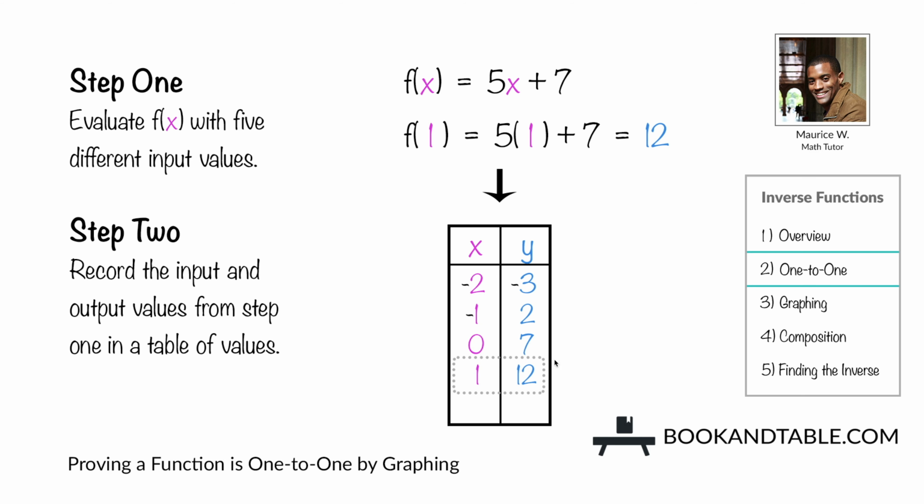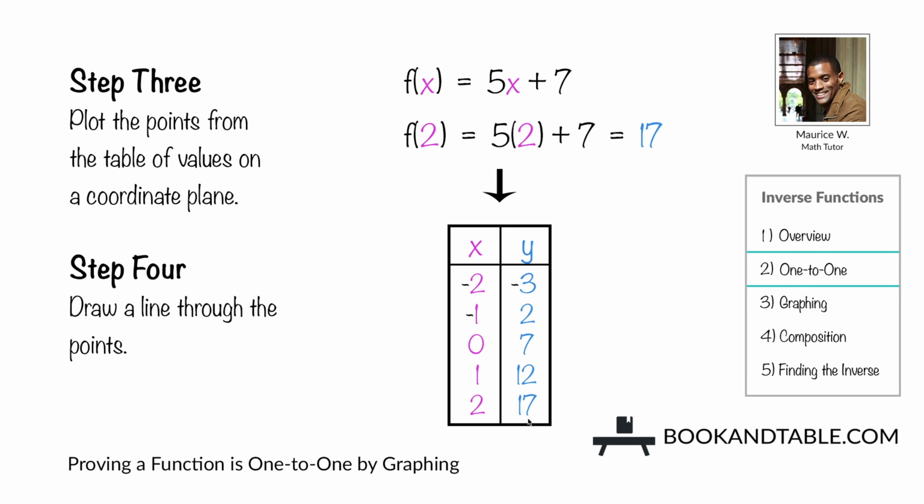So the input is +1 and the output is 12. And then lastly, we insert 2 for x, showing us f of 2 is equal to 5 times 2, which is 10, and 10 plus 7 is equal to 17. So the input is 2 and the output is 17.